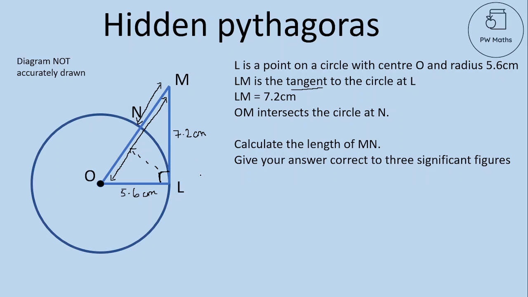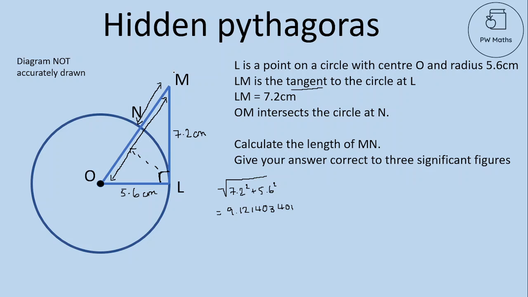So, putting that into our calculator, we're going to do the square root of 7.2 squared add 5.6 squared, and that's going to give me an answer of 9.12. I'm going to write the entire calculator display out here. I would keep this in my calculator because we're not quite finished yet, so don't get rid of that from your calculator.